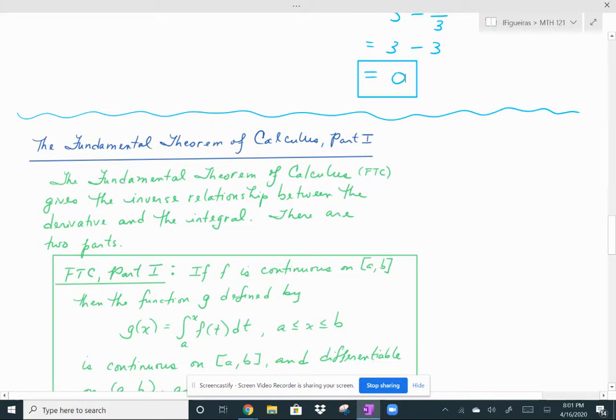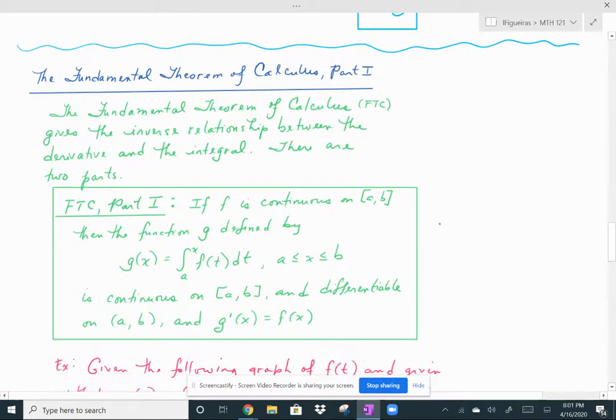So remember, in general, the fundamental theorem of calculus gives the inverse relationship between the derivative and the integral. And so now we'll focus on part 1 here in green. So it says that if f is continuous on a closed interval from a to b, then the function g defined by g of x equal to the integral from a to x of f of t dt for x between a and b is continuous on [a, b], meaning g of x is continuous on [a, b], and differentiable on the open interval from a to b.